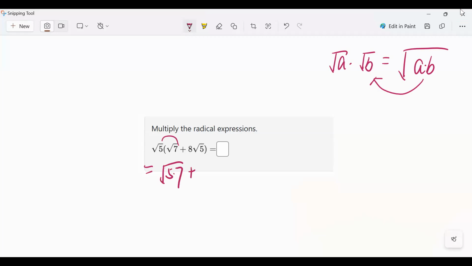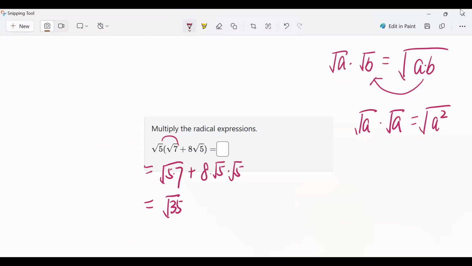And then for the other one, you'll have 8 times radical 5 times radical 5. This is radical 35. Also, if you have square root of A times square root of A, that is square root of A squared, that is A. So like what we have here, square root of 5 times square root of 5 becomes 5.